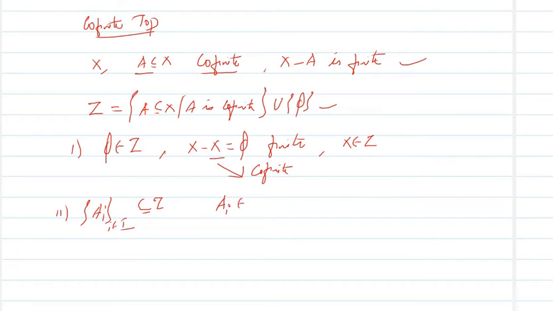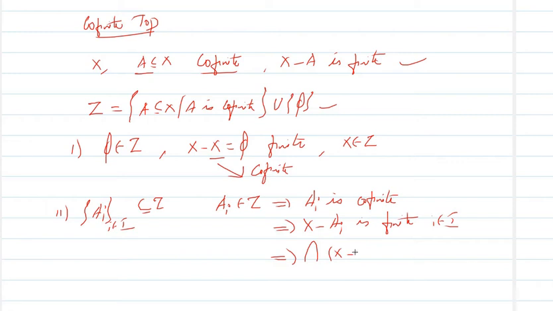Each Ai belongs to tau, which implies Ai is cofinite, or X minus Ai is finite for i in I. X minus Ai finite implies what?